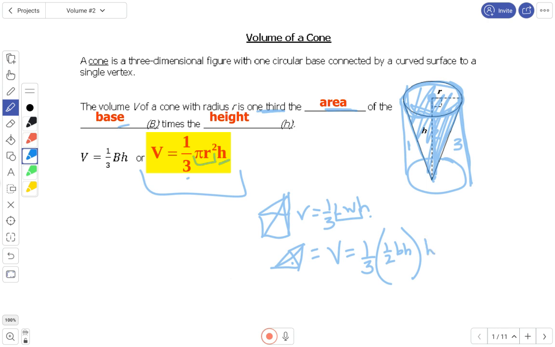So this formula, 1/3 times the base shape times the height, would work for any sort of pyramid or cone, depending on what that base shape is. All right, let's look at a couple of examples.